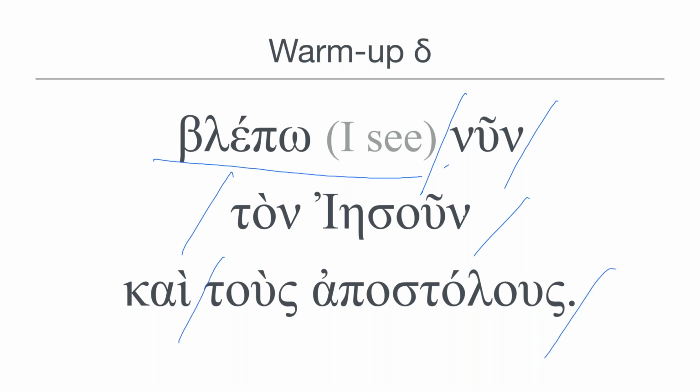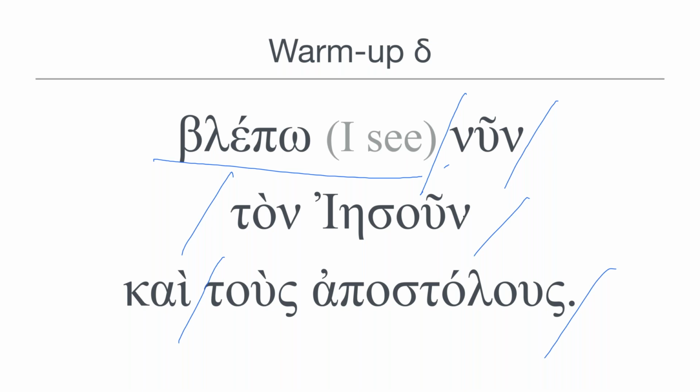So his recommendation is to translate the verb as one thing, this particle noon as one thing, the ton iesun as one thing, kai as its own thing, and then tous apostolus as one thing.